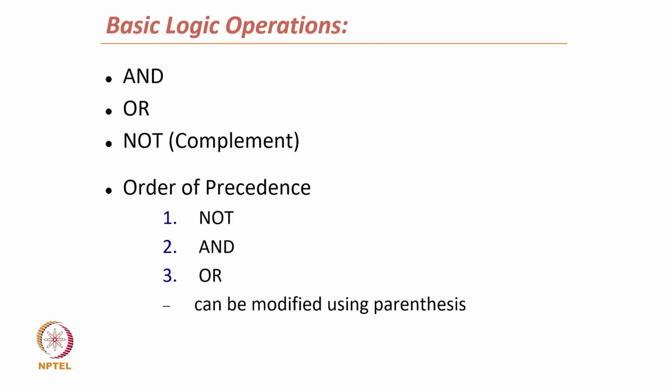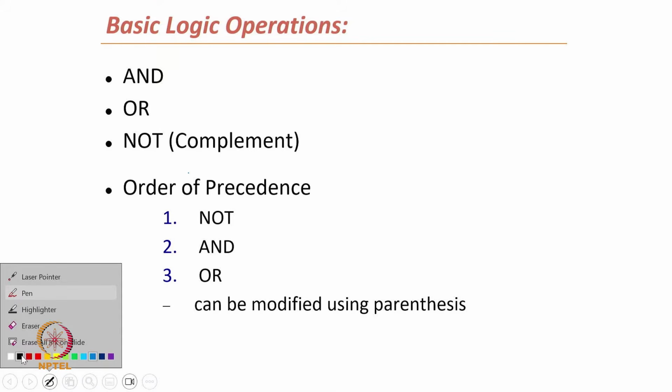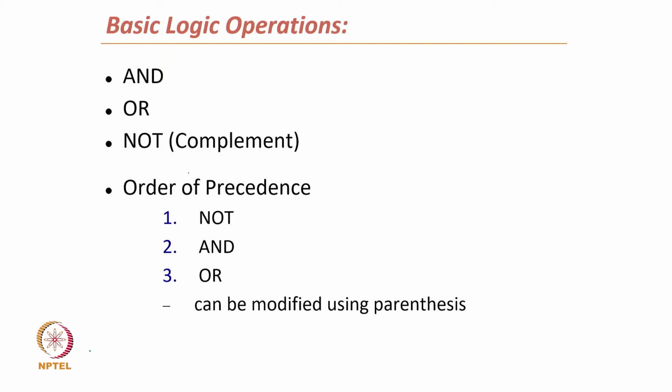So we have some basic logic operations here, which are the AND operator, the OR operator, and NOT, which is the complement signal. These are nothing but some mathematical operators.